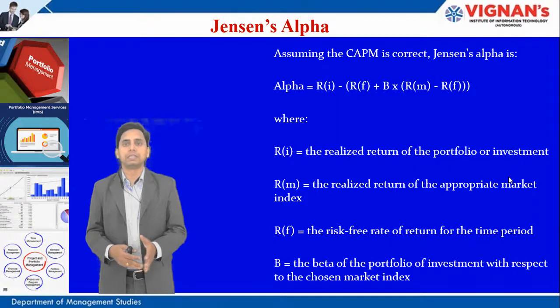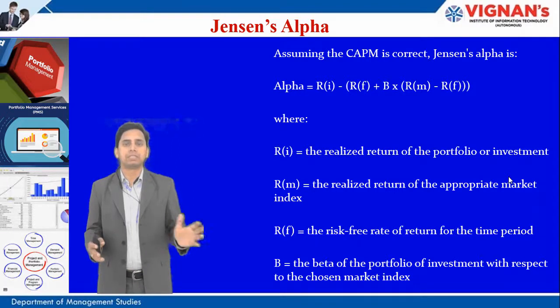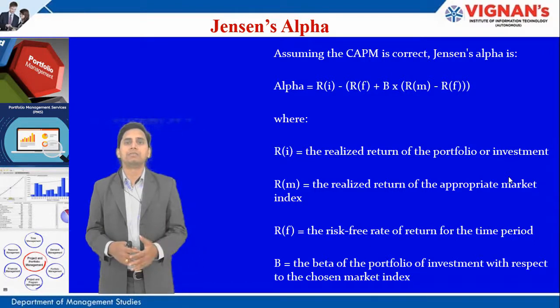In addition to that, we also consider the risk associated with the excess return, that is Rm minus Rf, the return of the market minus the return of the risk-free asset. For this difference, how much risk is associated is measured by the beta. This is the formula which gives us the alpha value, where alpha is nothing but the return achieved for the portfolio for the risk you are taking.